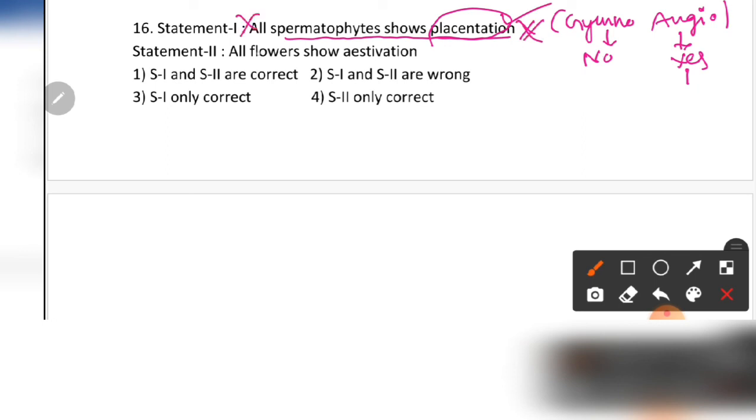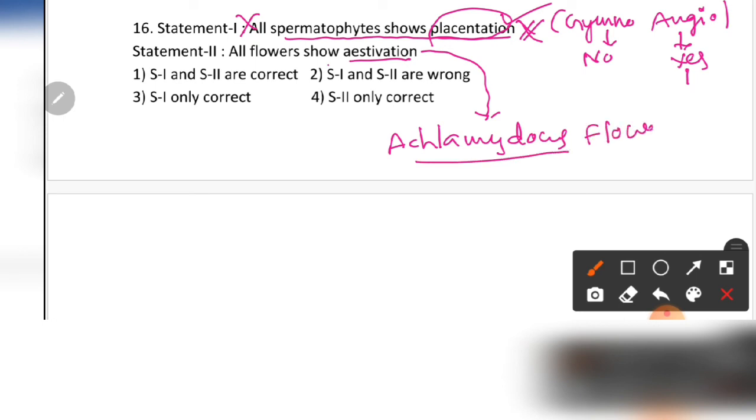So that is a wrong statement. All flowers show aestivation. Aestivation is the arrangement of sepals or petals in a floral bud. But there are exceptions: for example, achlamydeous flowers do not show aestivation, since they have no sepals and petals.